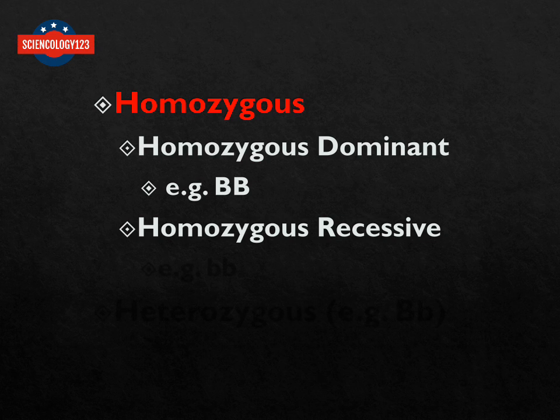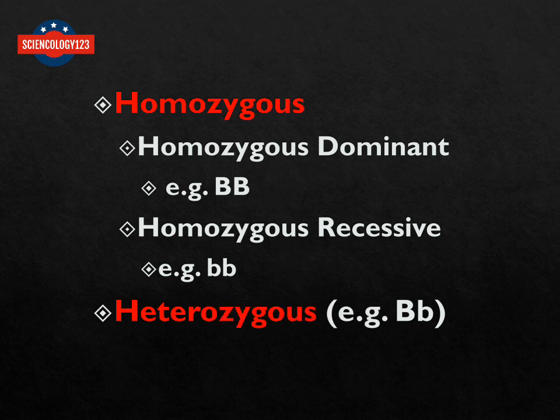Homozygous recessive means they are having identical recessive allele, for example, lowercase letter b for both. However, for heterozygous, since they are having two different alleles, the only option is one uppercase letter B and one lowercase letter b.